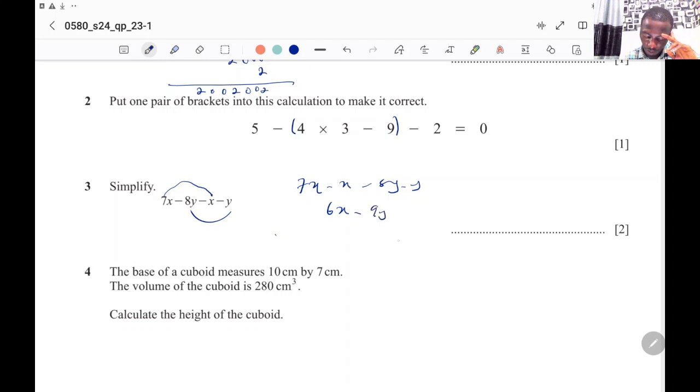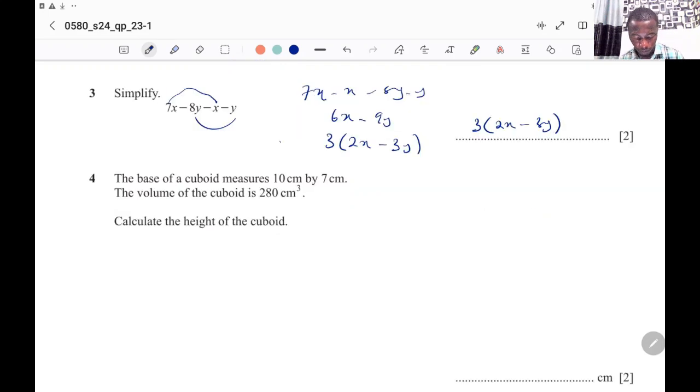What is common here, which factor will go into 6 and 9 without a remainder? We have 3. When 3 goes into 6, I have 2. When 3 goes into 9, I have 3. So the answer here is 2x minus 3y.